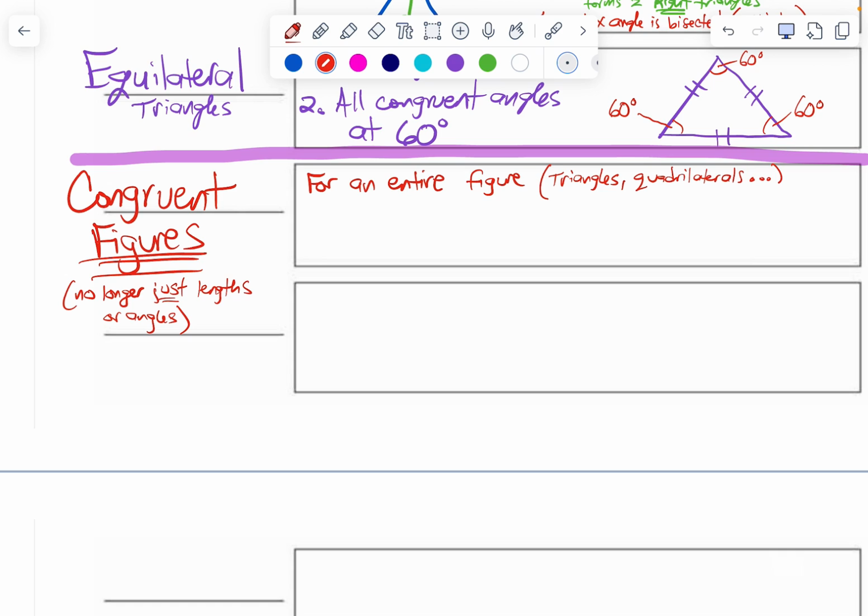So for an entire figure to be congruent, it must have, what do you suppose?